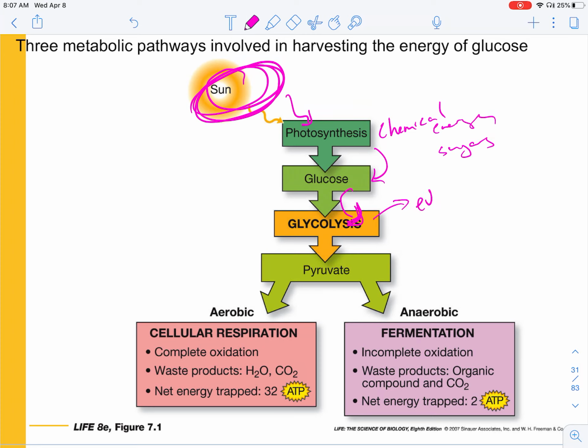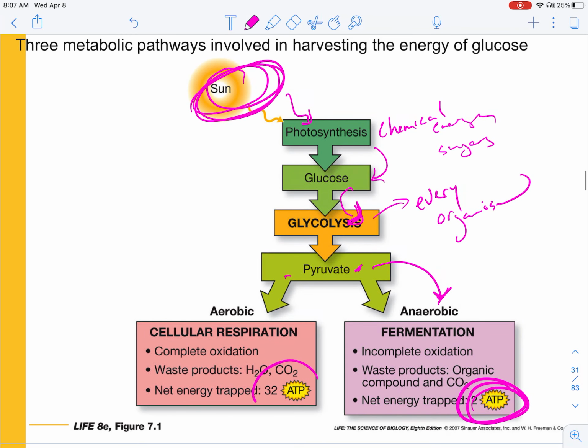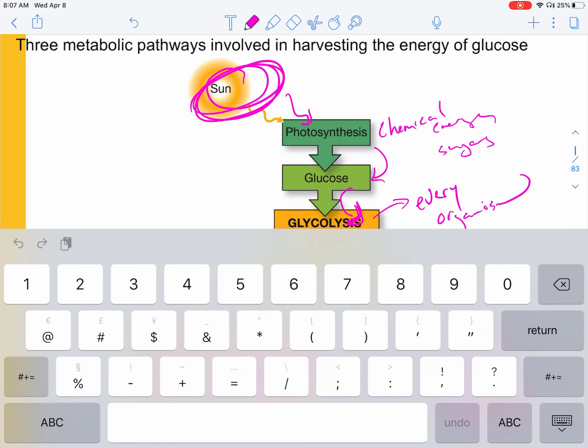This is something that every organism does to form this pyruvate. In the absence of oxygen, you have an anaerobic process, fermentation, and you get the two molecules of ATP out of it, and that's it. In the presence of oxygen, much more efficient, you can get up to 32 molecules of ATP simply by having that oxygen available and going through the complete cellular respiration process.